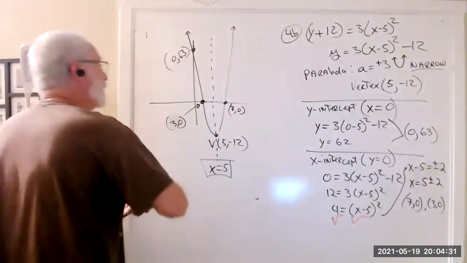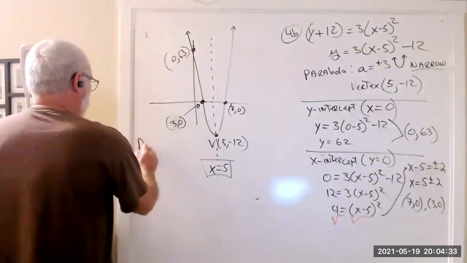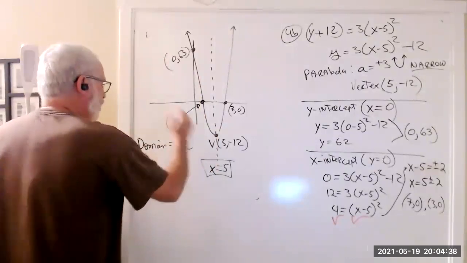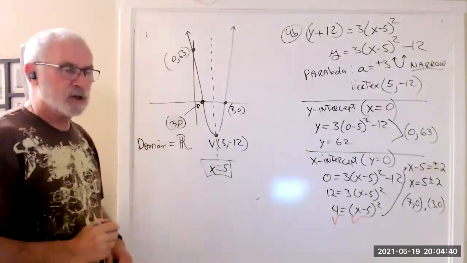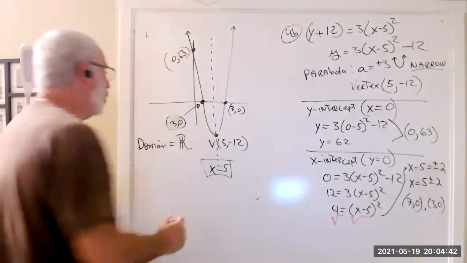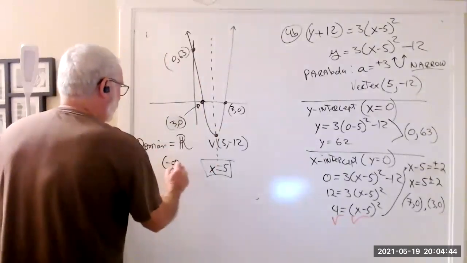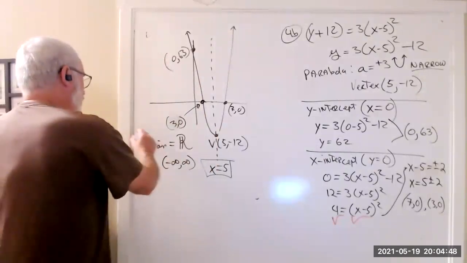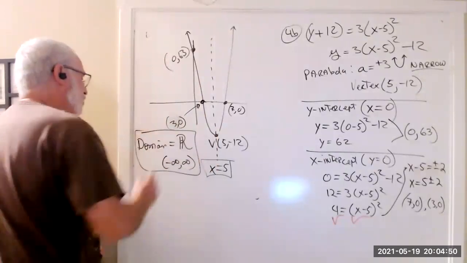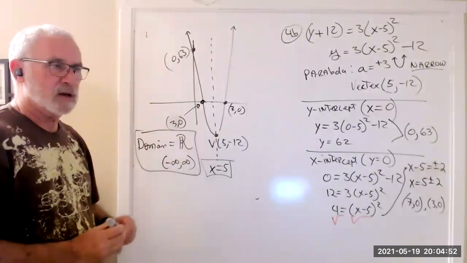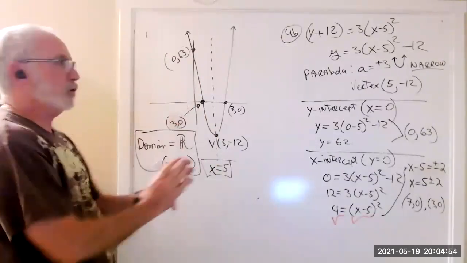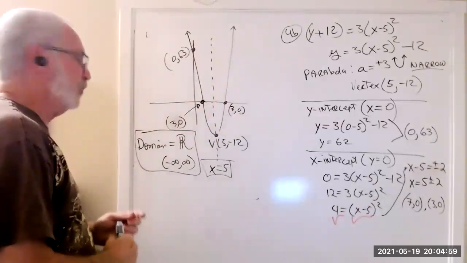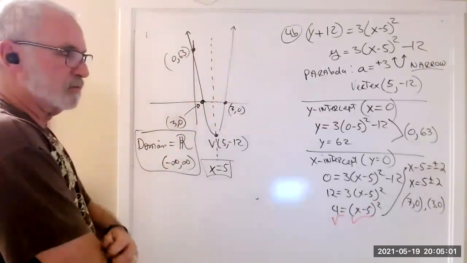So the domain of this shape is either the fancy R for all real numbers, or you can say negative infinity comma positive infinity with parentheses. Either of those would be acceptable for the domain, because this U curve opens up wider and wider forever, so it covers every x.